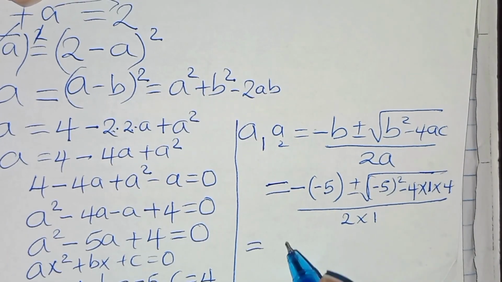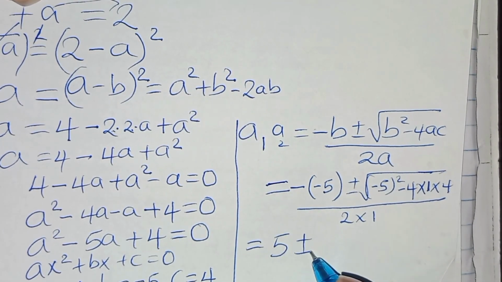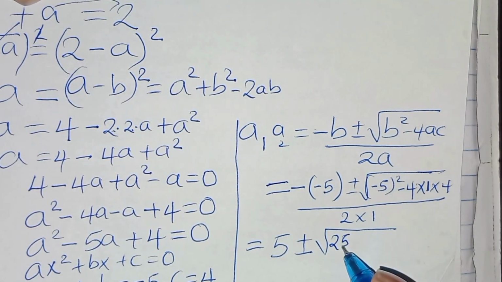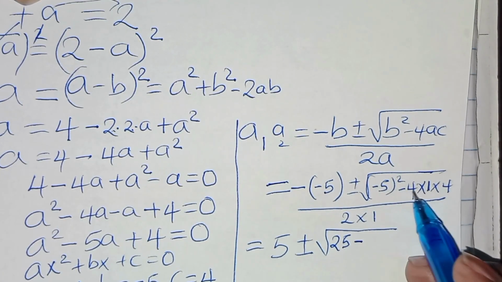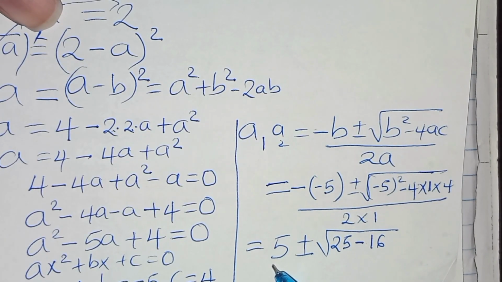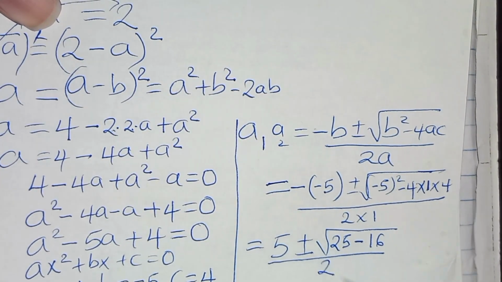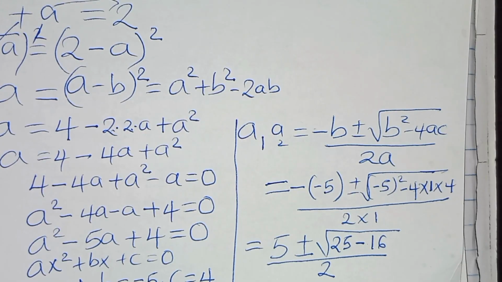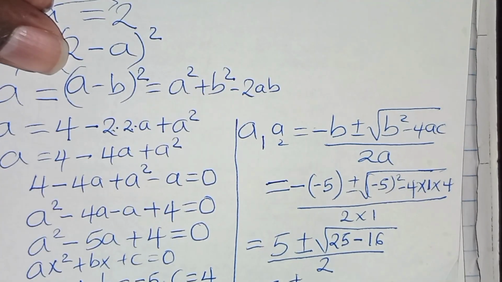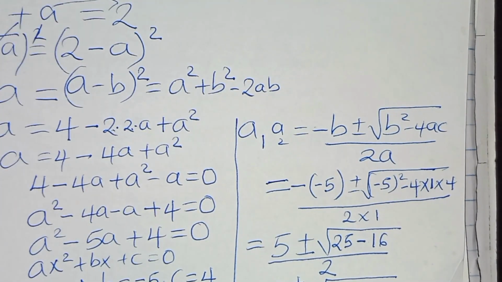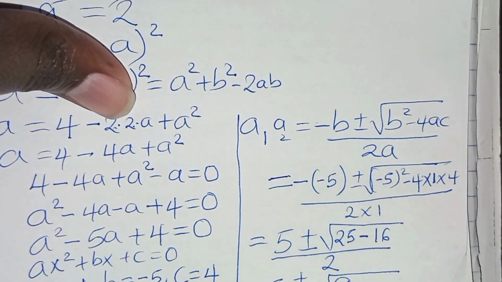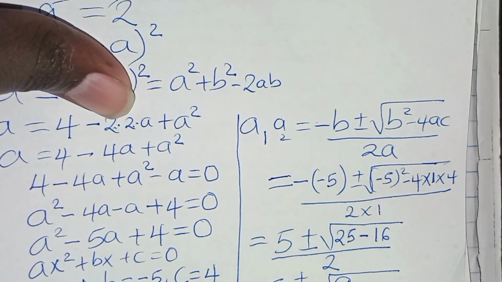Now here we'll have 5 plus or minus the square root of negative 5 squared, which is 25, subtract 4 times 4, which is 16, all divided by 2. Now we have 25 subtract 16, which is equal to 9.